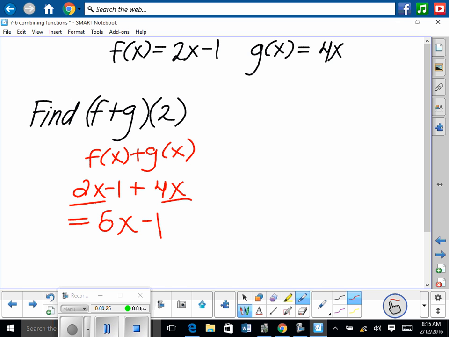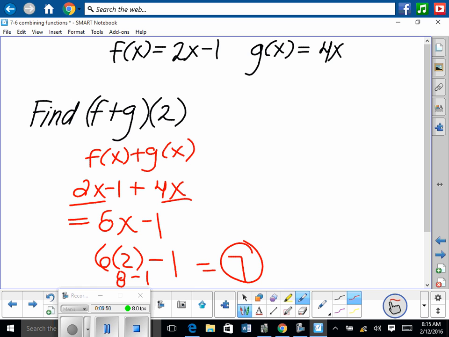Well, now we want to know what's the function f plus g at 2. So aren't we just plugging in 2 wherever there's an x? So we'll take 6 times 2 minus 1. So we will have 8 minus 1, which is 7. So our final answer will be 7. F plus g of 2 is 7. Yes, not adding.